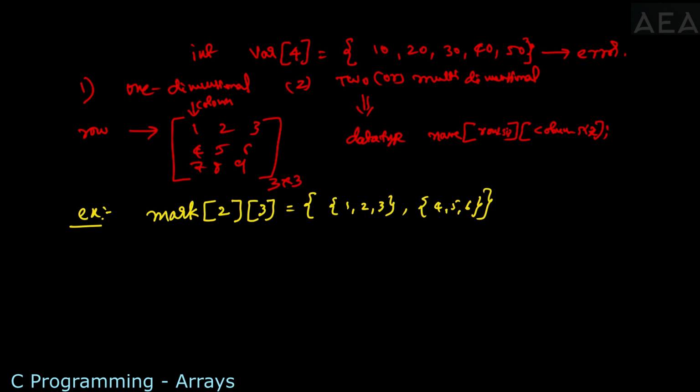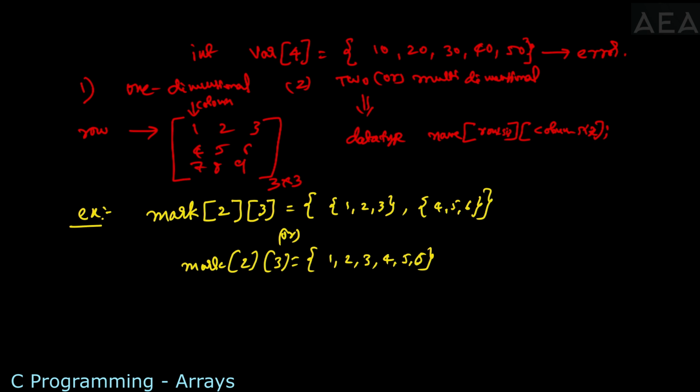Or we can write the same array like this also. Mark of 2, 3, and enter all the elements in a single line like this. Then first of all it takes the first 3 elements in the first row, and the next 3 elements are stored in the next row.